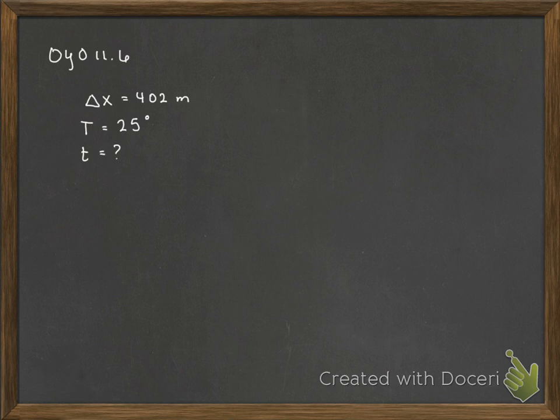Okay, so again, we're looking at distance equals rate times time. We have our distance, our displacement, and we're looking for t, so we need the velocity of that sound.